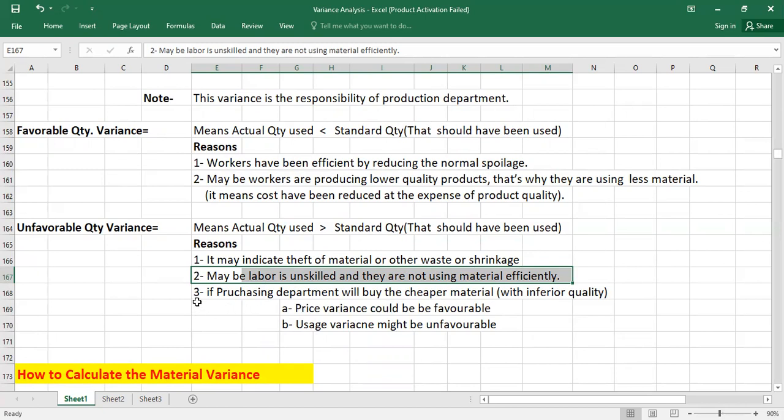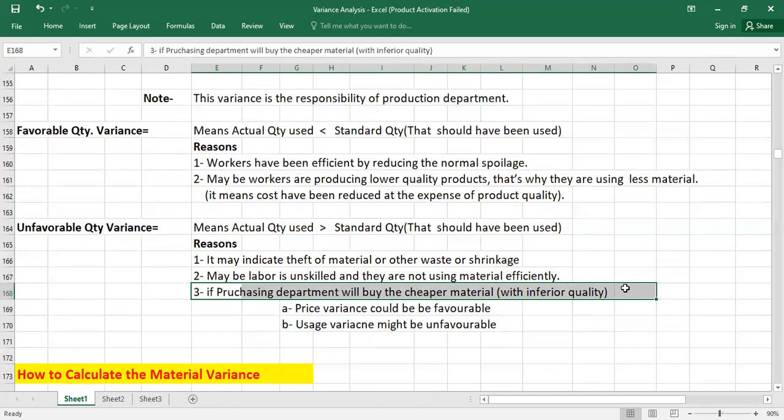The third reason is if the purchasing department buys cheap material, maybe material with inferior quality, it could result in unfavorable quantity variance, because material with low quality could result in more wastage during production. This is really important, as I told you before as well.